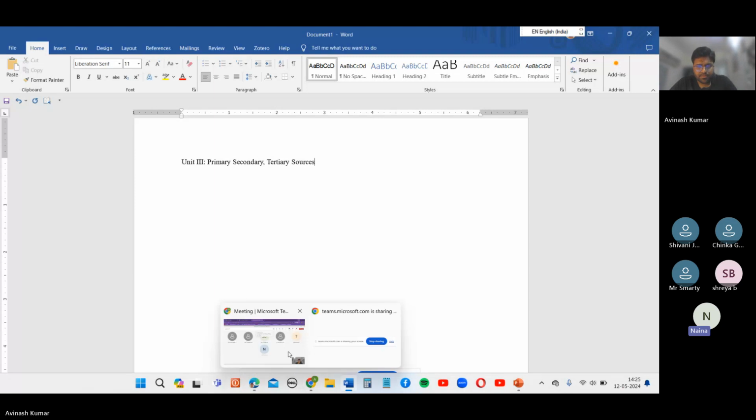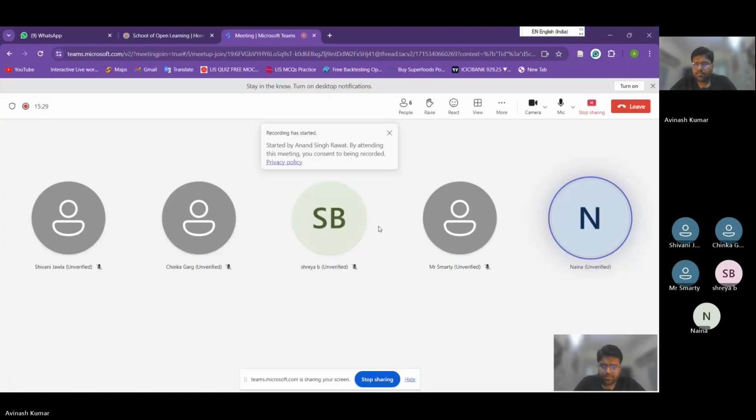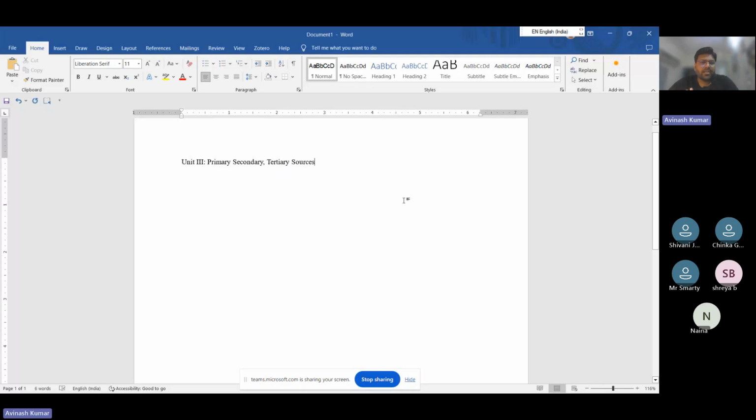Actually, what are the primary sources? If you do not understand the concept of primary, secondary, and tertiary, then you will have to memorize all of these things.